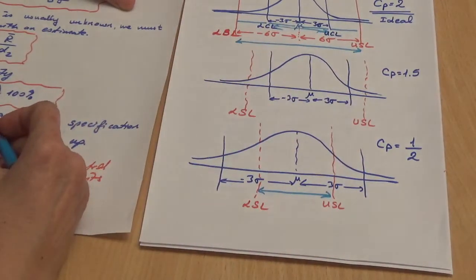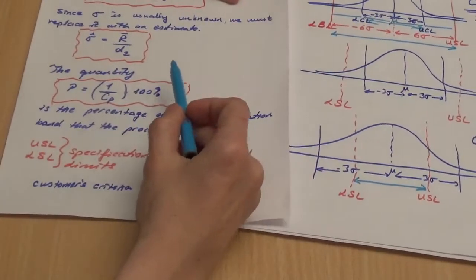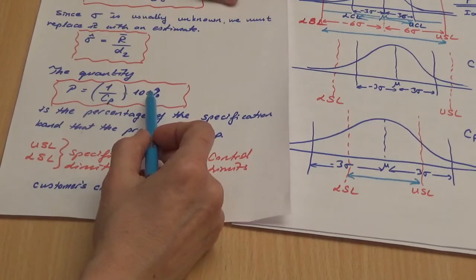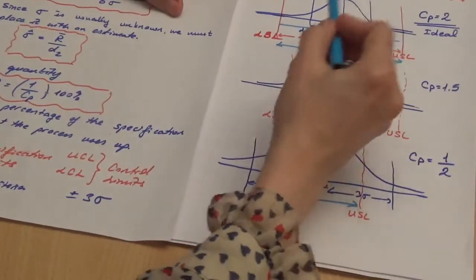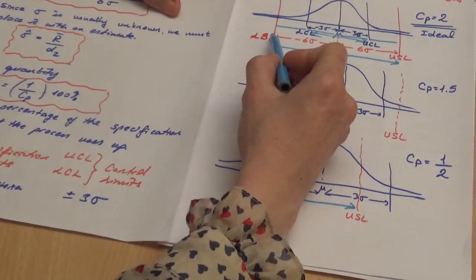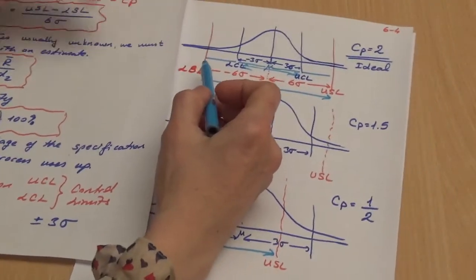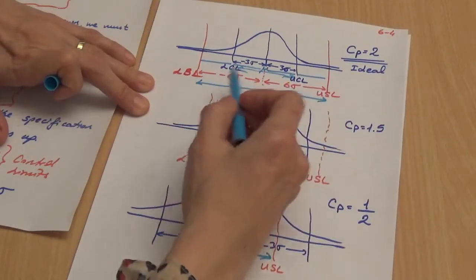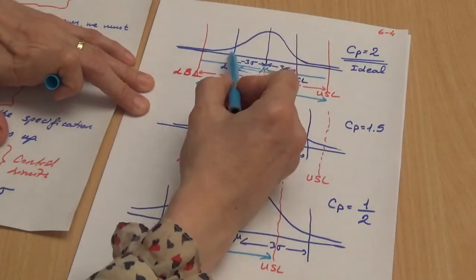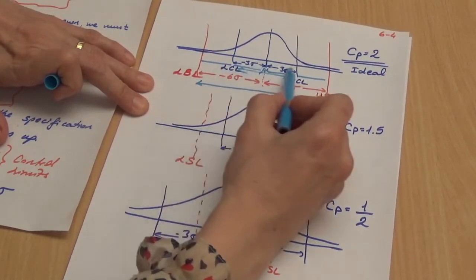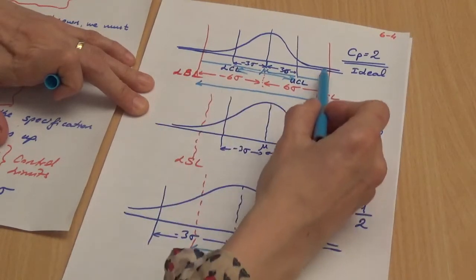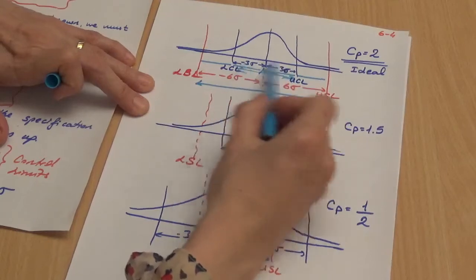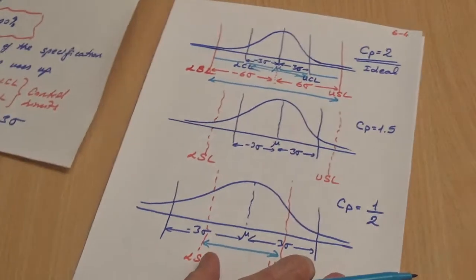When we write 2, here, it would be 50%. So the specification limits here are so wide that our production only uses 50% of all the wanted items. So we're producing at a 50% area.